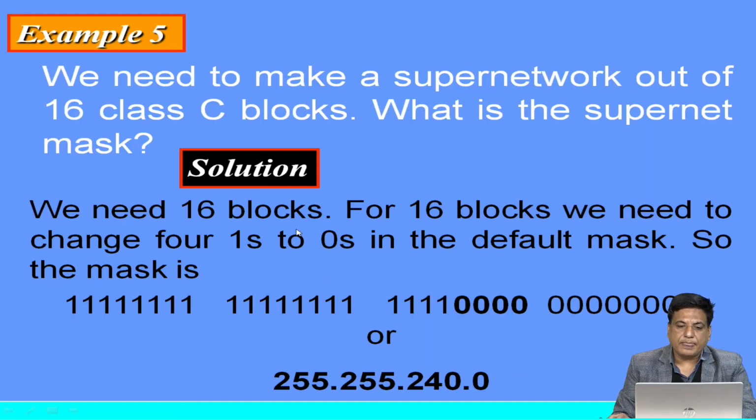Example number 5: we need to make a supernet out of 16 class C blocks. So we are combining 16 different networks. What is the supernet mask? 16 is 2 to the power 4. So we are giving 4 bits from the subnet mask to the host.